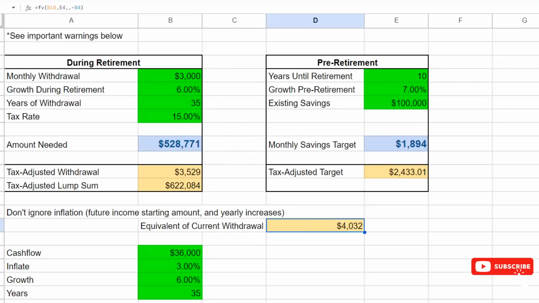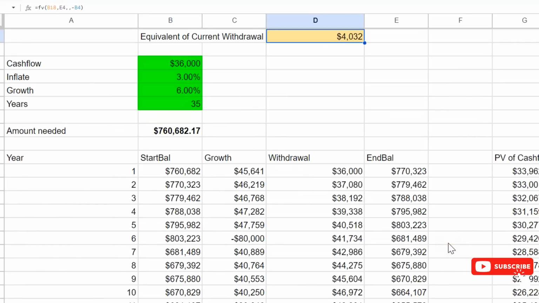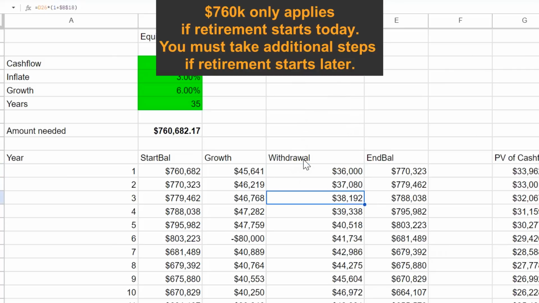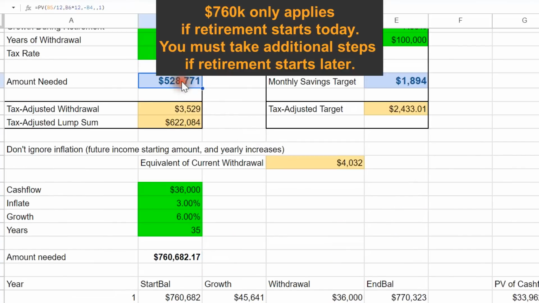Another important thing to know about these basic calculations is they don't necessarily account for inflation once you start spending. So the $4,000 tells you how much you need in that first month of retirement, but we want you to continue increasing your spending so that you can keep up with inflation. There are a couple of different ways to do that. There's just one of them shown here, but essentially it would say that you really need more like 760,000 as opposed to 528,000, and really it's higher if you copy that number up.